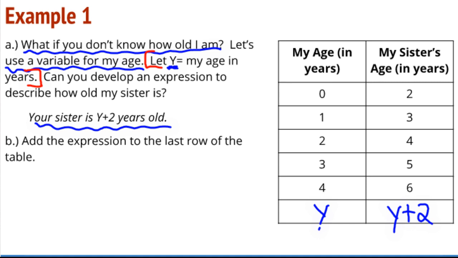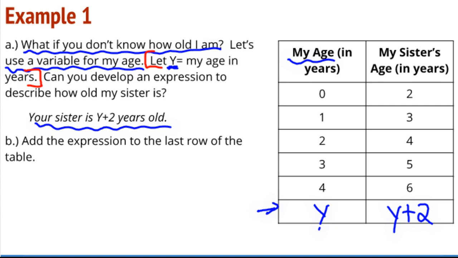We now have an algebraic expression to describe the relationship within the table. I can now pick any age that I want to for the age of the narrator, substitute it in, and find the sister's age.